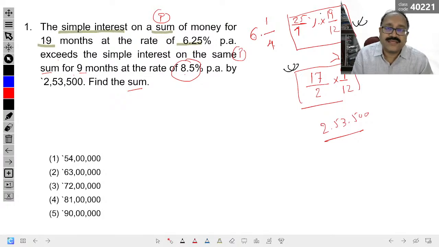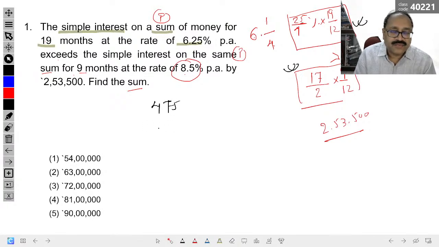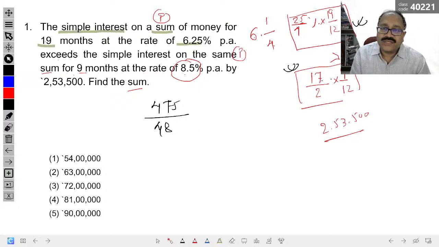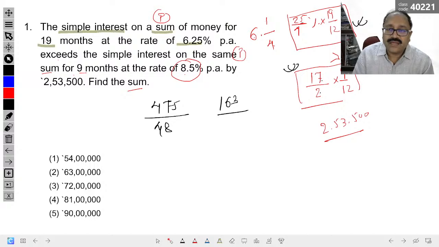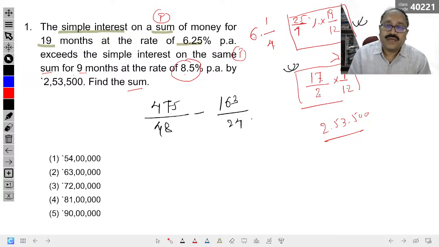So 25 into 19 comes to 475, and by 48, minus this one, 17 into 9, that comes to 153, so 153 by 12 into 24. So this minus of P is equal to this value.